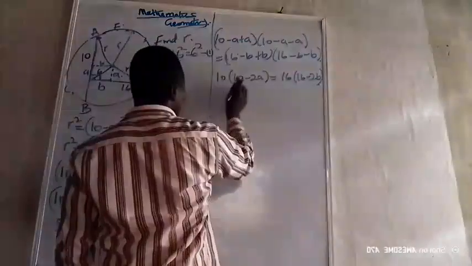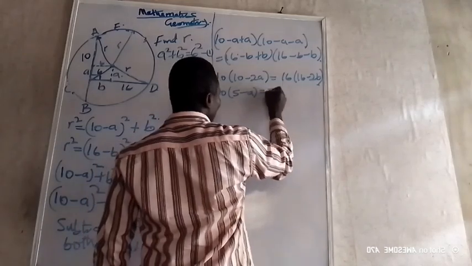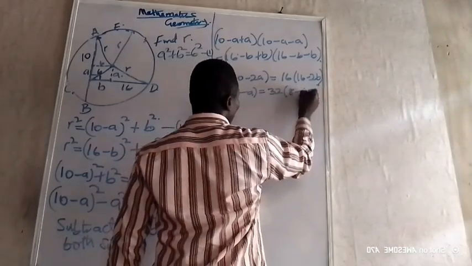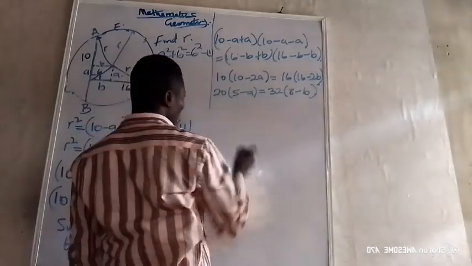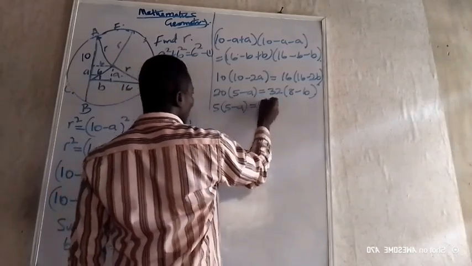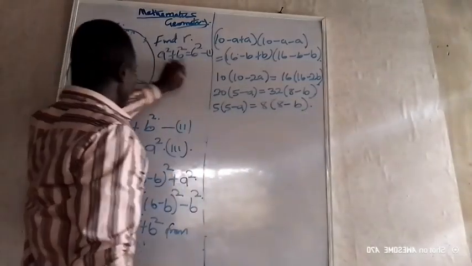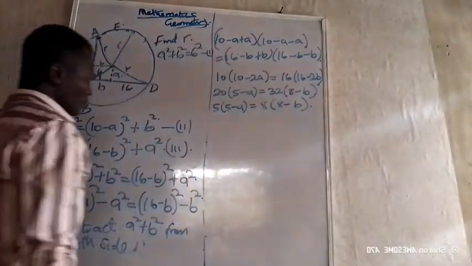Let's factorize further. This is going to give you 20 into (5 minus a) is equal to 32 into (8 minus b). Divide both sides by 4. So this is 5 into (5 minus a) is equal to 8 into (8 minus b). Please don't forget this equation here.